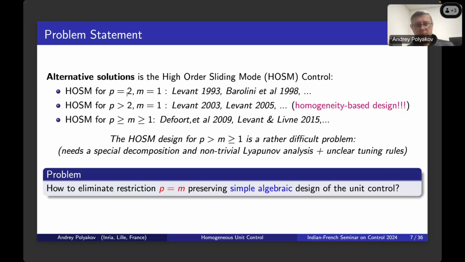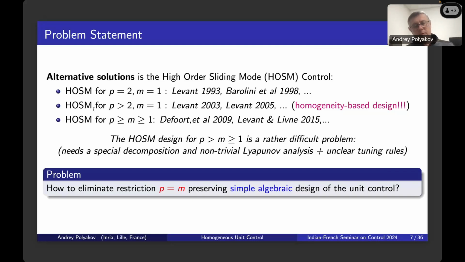Well, even in the case of a single input system, if, for example, the equation is rather big, for example P greater than 2, and even if we select a very specific sliding surface in order to guarantee sliding mode control, higher order sliding mode can be designed, but the analysis next is rather non-trivial.